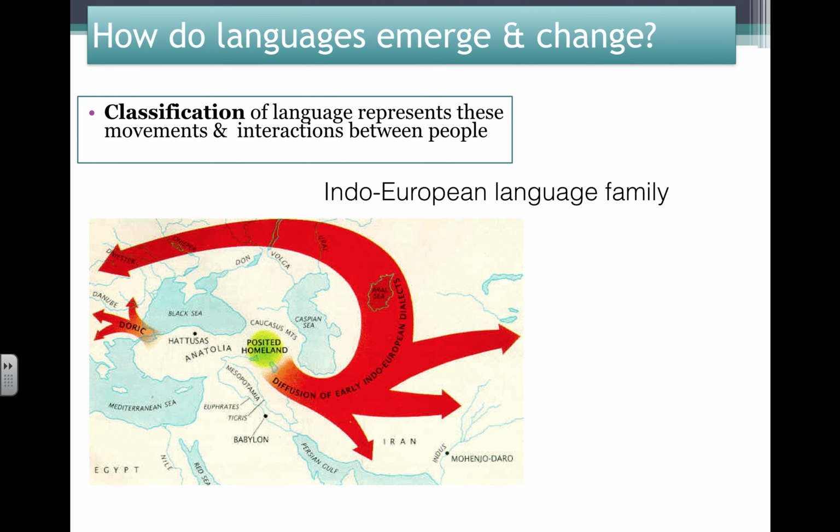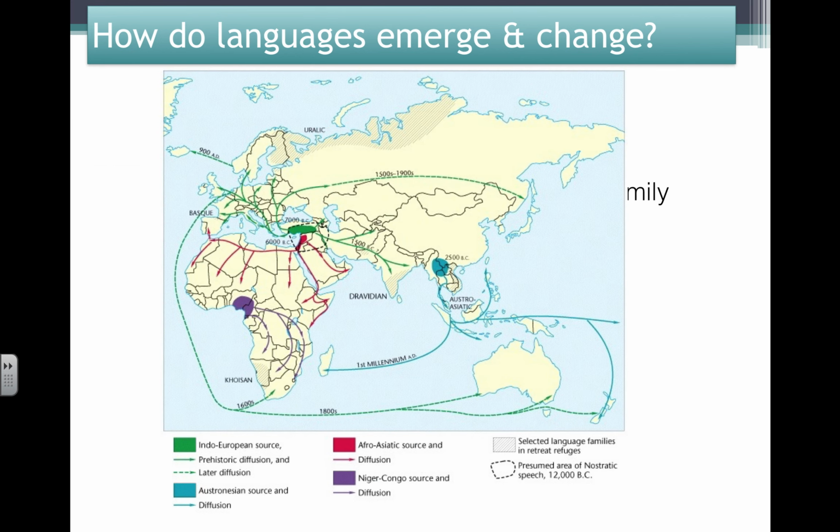But generally speaking, the somewhat agreed upon hearth of the Indo-European language family is located in this Fertile Crescent region. And we see the diffusion of the Indo-European dialects, so we can use the languages to map back that classification, the classification of the language to map back the history of the people there. And we can see the points of origin and the spreads of those languages from there.